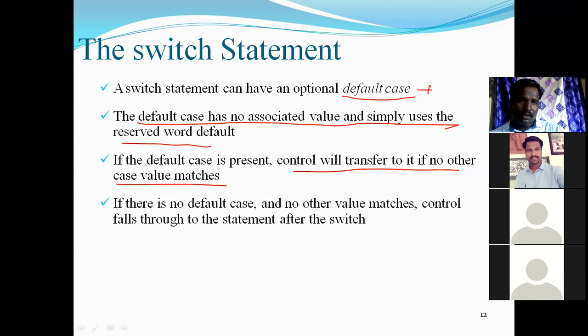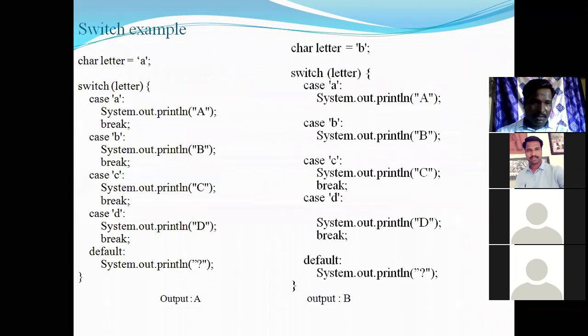As I mentioned, if the 3 case values in the syntax do not match, the default case gets executed. If there is no default case and no other value matches, the control falls through to the statement after the switch. Control comes out of that switch, then the next statement gets executed. So this is an example for the switch statement.